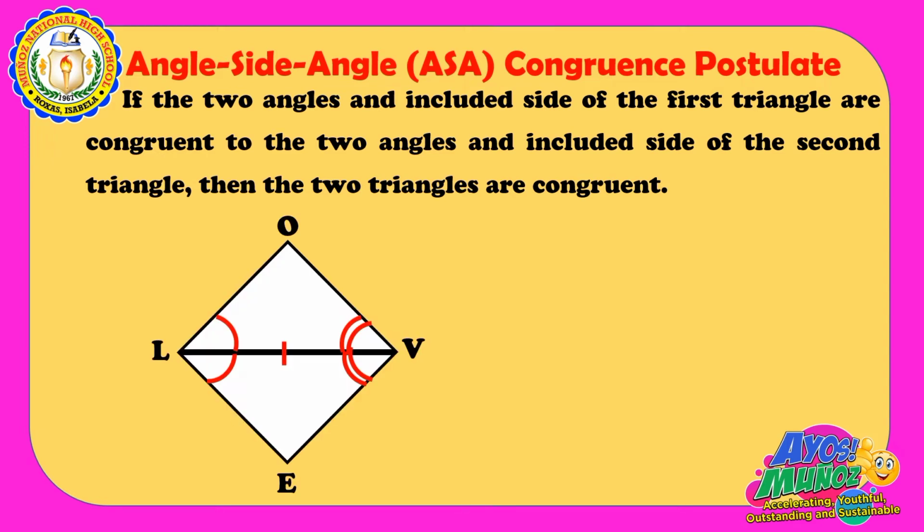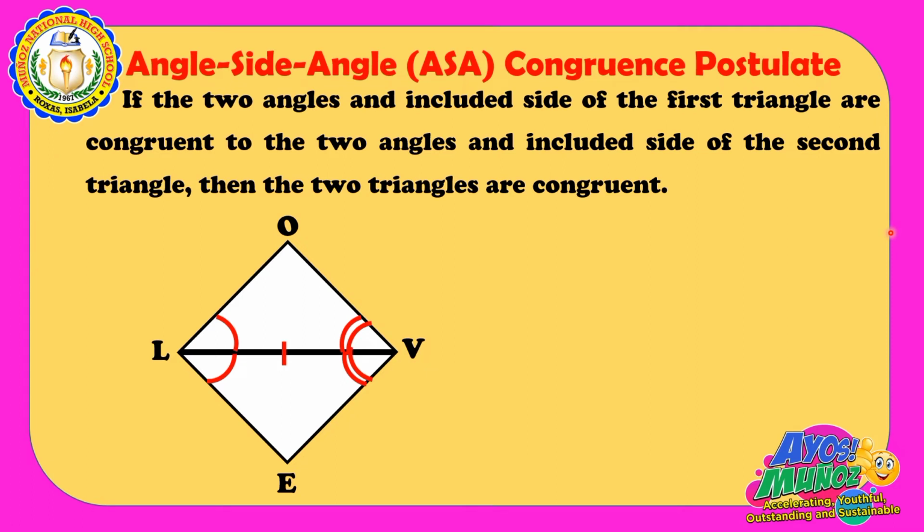Let's have an example. We have triangle LOB and triangle LEB. So let us identify the congruent parts to show the two triangles are congruent. Since we have ASA, or angle, side, angle, let's identify the first congruent angle.